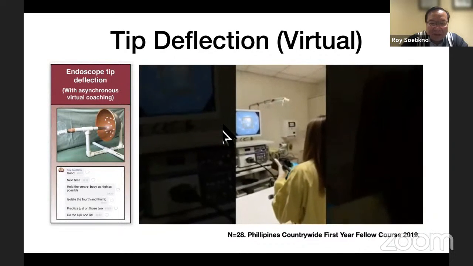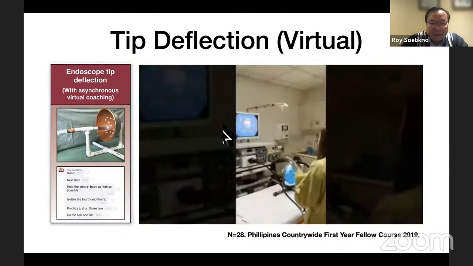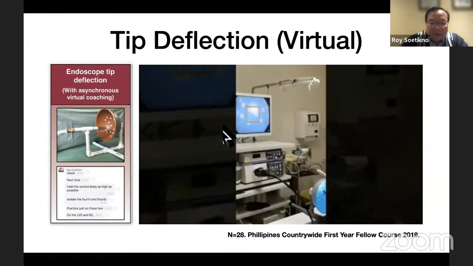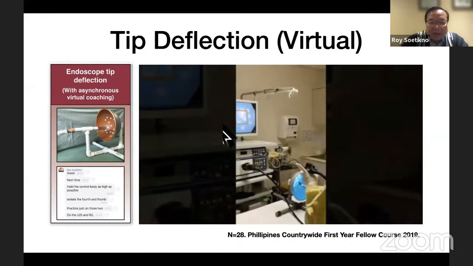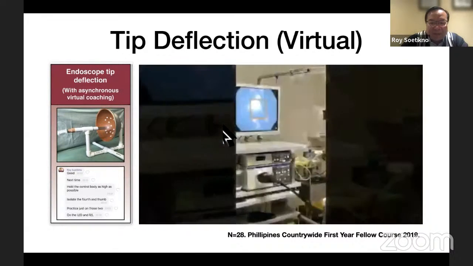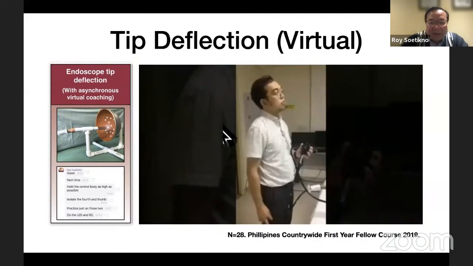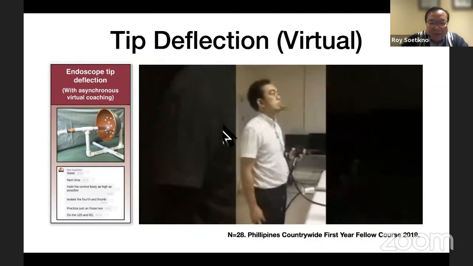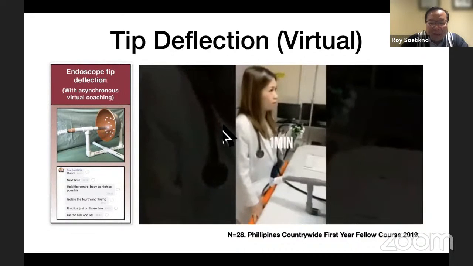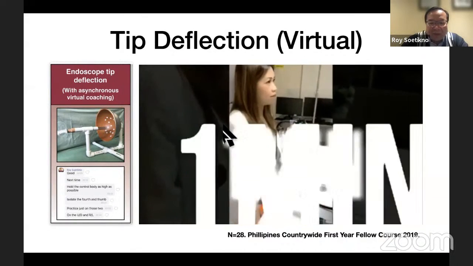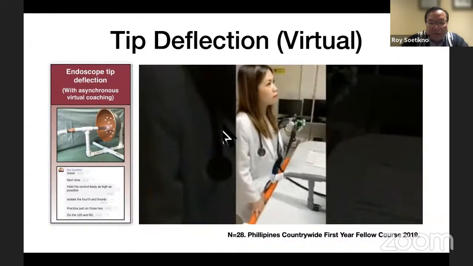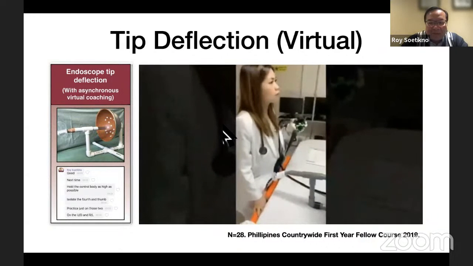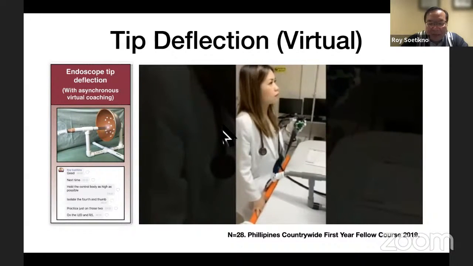So here the trainee is moving the tip of the endoscope from A to Z on the ball. And in the beginning, it took them about 3 minutes. By the end, you see that their hand form is very good. And through focusing on the form, they are able to move from A to Z in less than a minute.